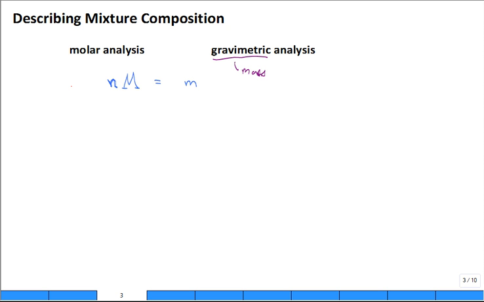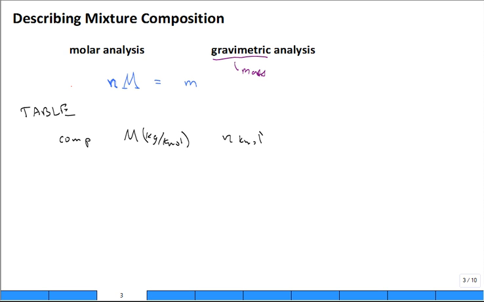Whenever I solve a problem like this, I encourage you to set it up in a table. Think about the component. Think about the molar mass in kilograms per kilomole. Think about the amount, maybe in kilomoles.